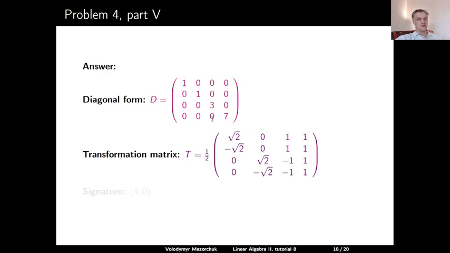Then the third column is the eigenvector with the eigenvalue 3, which is 1, 1, minus 1, minus 1. And the last column is the eigenvector with the eigenvalue 7, which is 1, 1, 1, 1. And since all eigenvalues are positive, the signature of this quadratic form is 4, 0. And this completes problem 4.